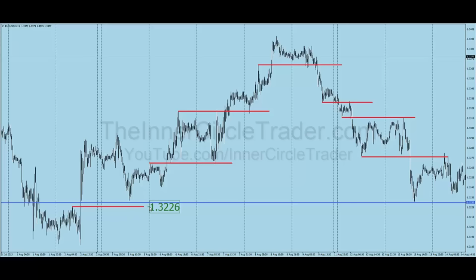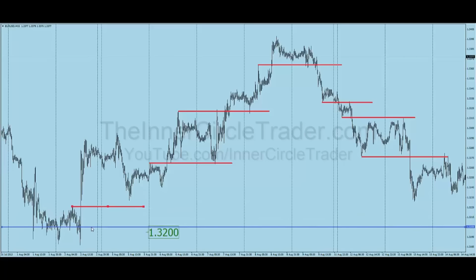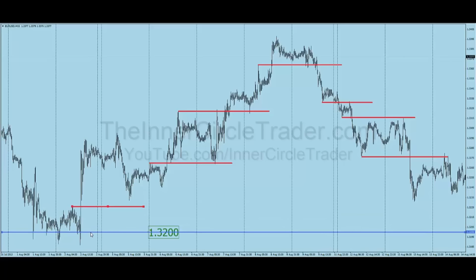So what we'll do is let's move this down, and I'll take this level and put that here. Okay, so we have a price level that's being worked here.